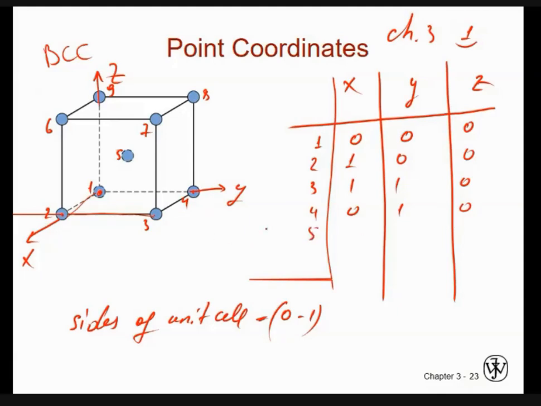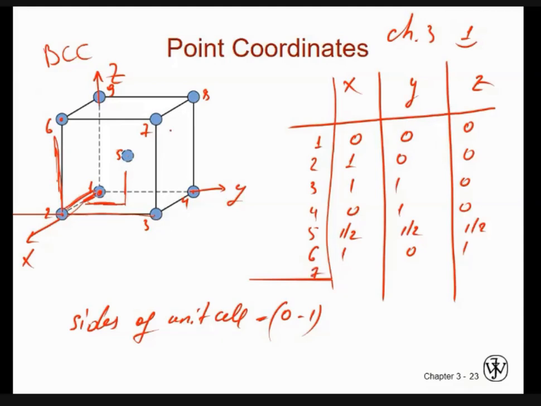For 5, this atom, it is right at the middle, so how can we go there? If I move half in x direction, half in y direction, half in z direction, it will be 1 over 2, 1 over 2, and 1 over 2. For 6 over here, if I move 1 in x direction, 1 in z direction, so 1, 0, 1.